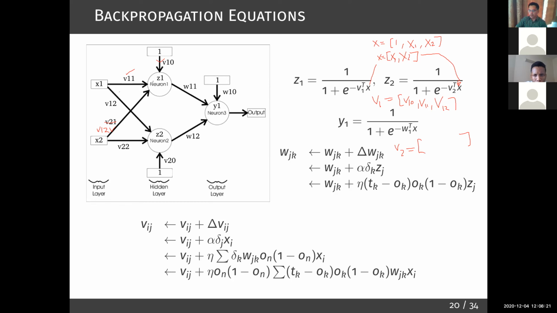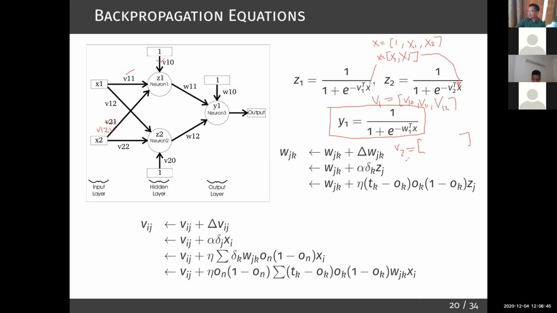Okay, the sigmoid output here, and then here, what is this? Well, the input x, in this case, the inputs are z1 and z2, multiplied by w1. So z1 and z2 plus the bias again.